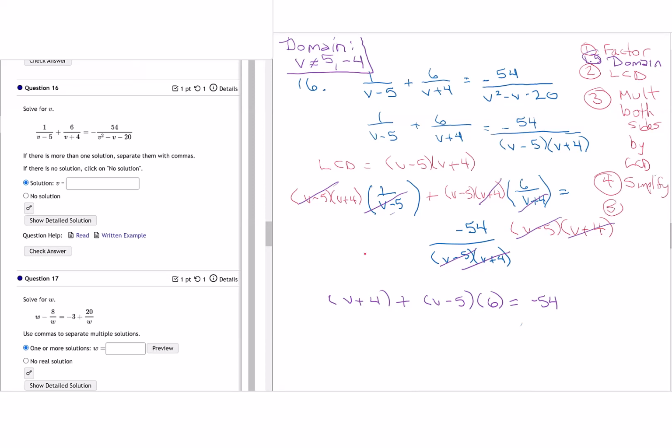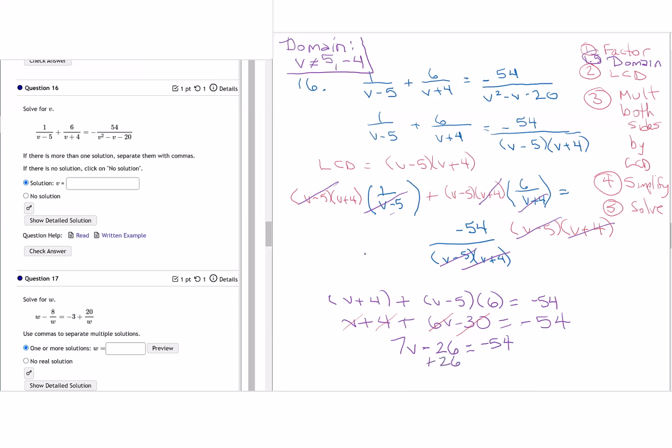After that, I'm just going to solve. I have V plus 4. I can just take the parentheses off that. There's nothing else to it. Plus, I have to distribute that 6. 6V minus 30 equals negative 54. Combine like terms, I have 7V minus 26. Here's my 7V. Plus 4 minus 30 is minus 26 equals negative 54.